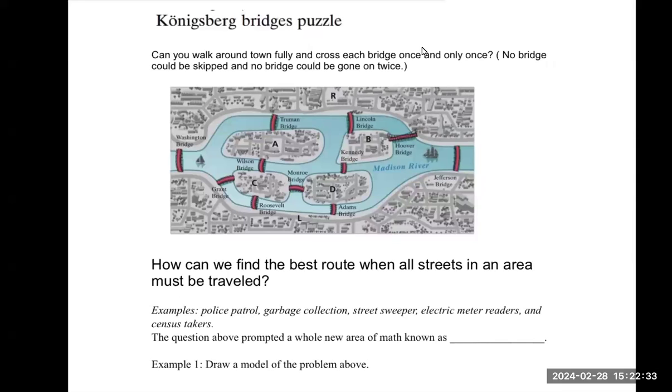The question was, there was a town called Königsberg, and can you walk around the town? So you see my little pointer in the top left corner of this picture. Can you walk around the town and go across every single bridge once and only once? So that's the question. So I can try again. I think I failed right then at that.